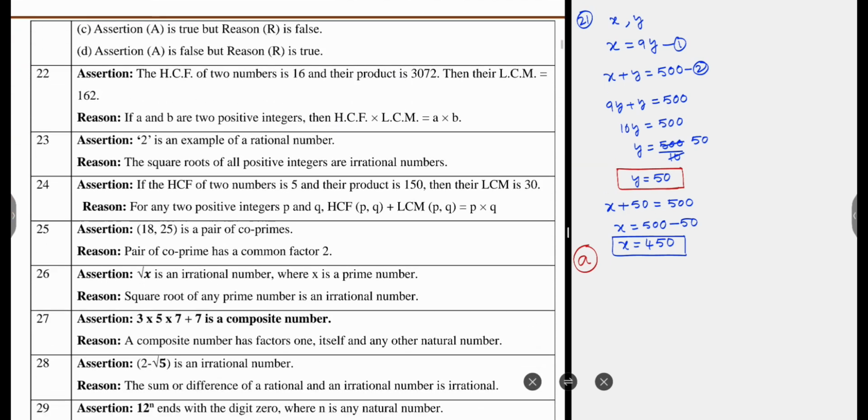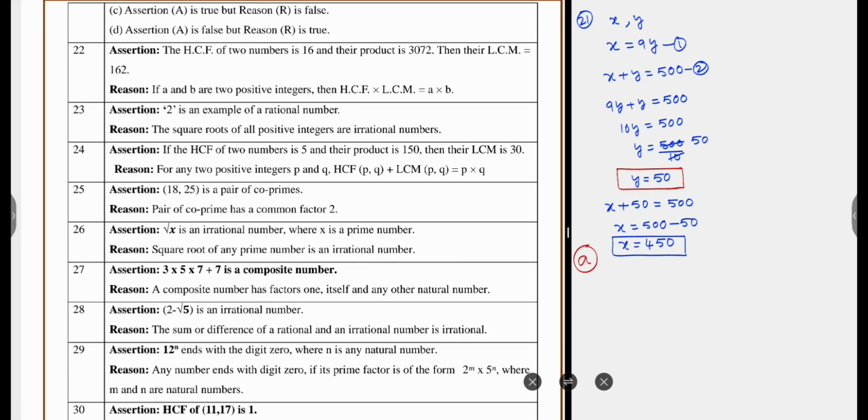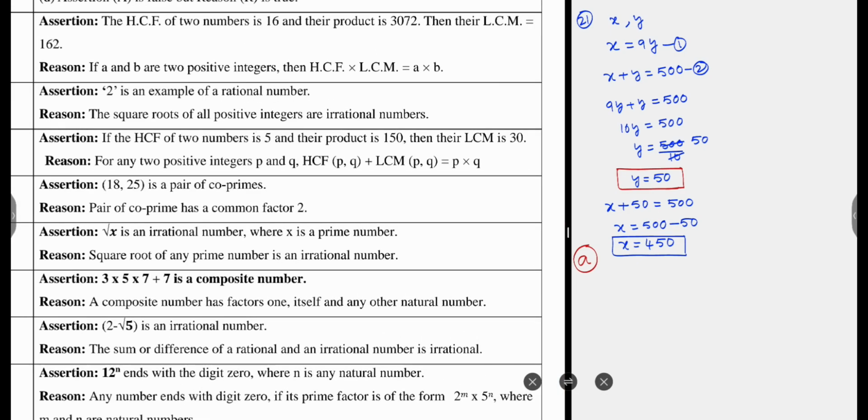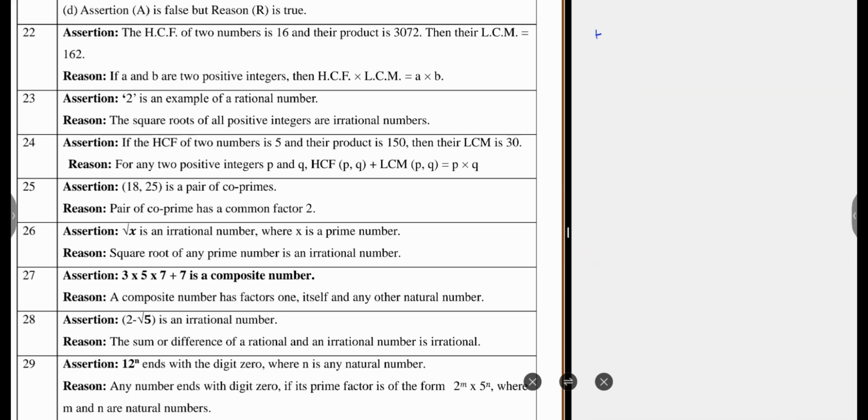So you need to find out the result and then select the correct option. Here the first one: HCF of two numbers is 16 and their product is given directly as 3072. We have to find the LCM.